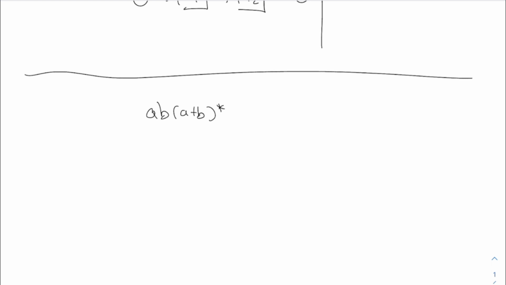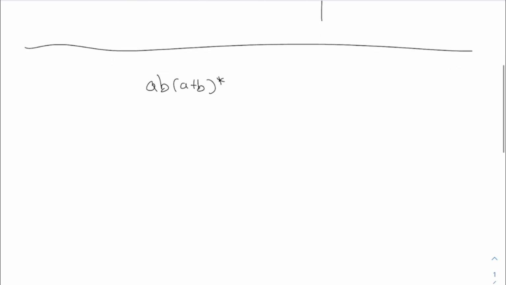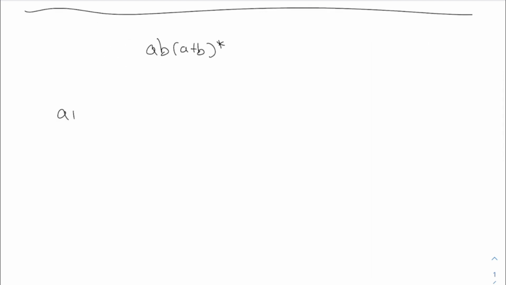Once you're good at this, you can probably jump all the way to the answer, and that's fine with me if you want to do it that way. But A plus B, first of all, this plus makes a branching path. So it would be like this, A on top, B on the bottom, and then coming back together with epsilons. All right, that's A plus B.